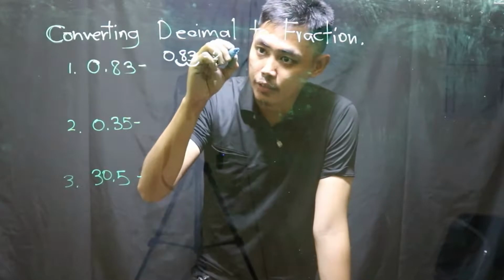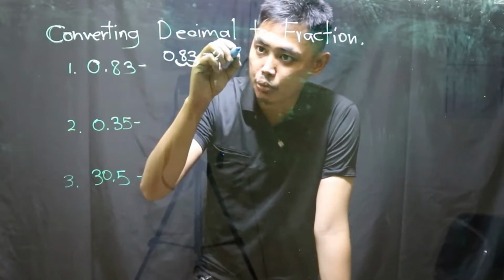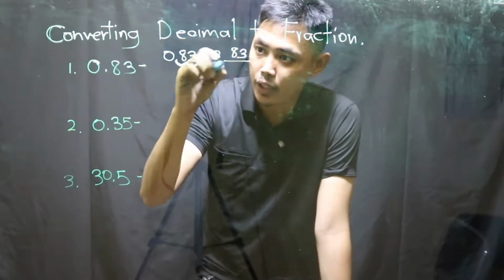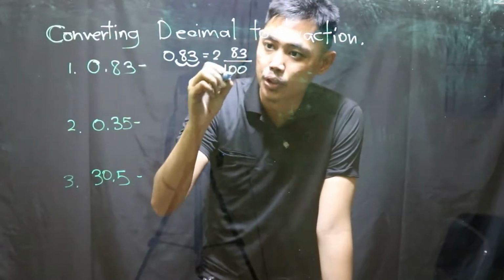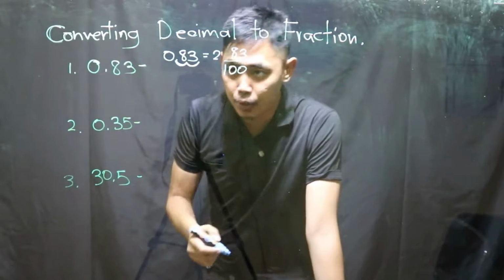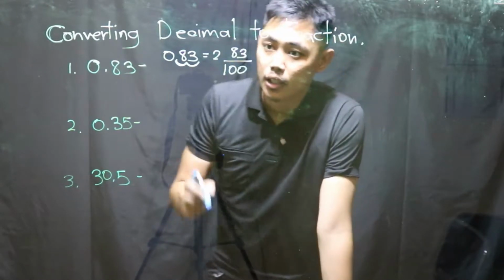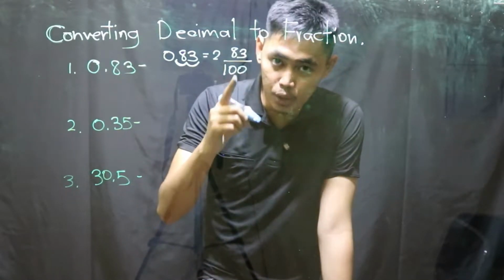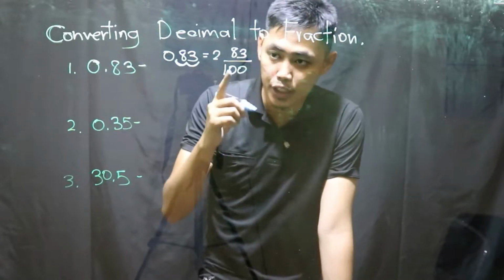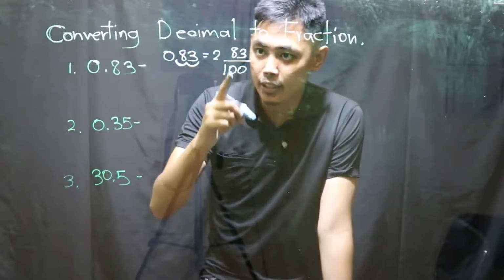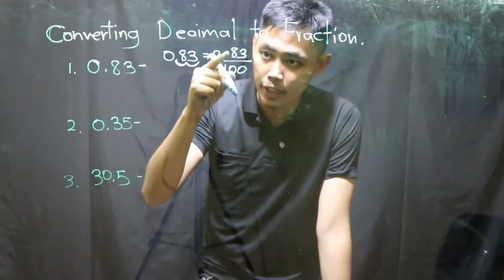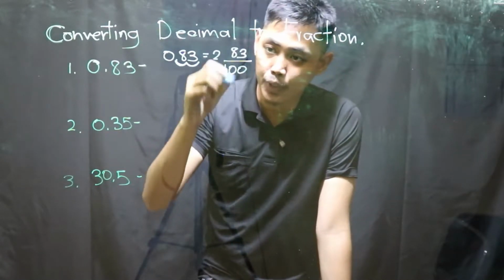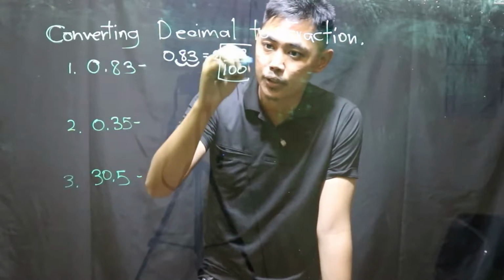So rewrite this one and make this one 83 over, then since you moved twice, put 1, then 2 zeros. So this is how you will change it to fractions. If you can convert it to lowest term, then that is necessary, but I think there's no lowest term. This is already a lowest term, okay? So this is our answer.